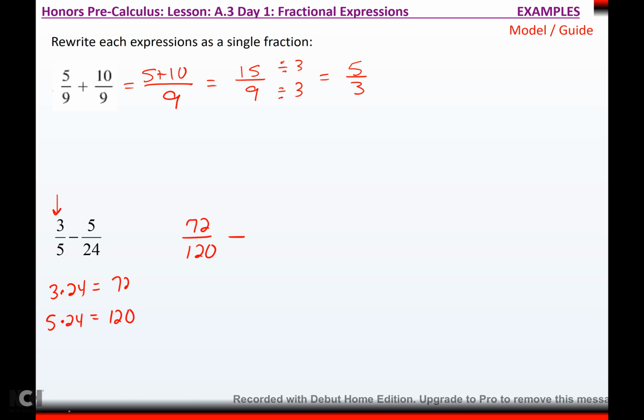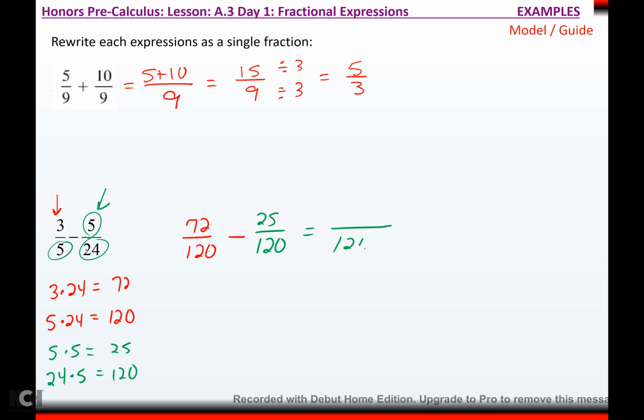If I take the 5 and the 24 and I multiply 5 times 5 and 24 times 5, you take each of these and multiply it by that one. 5 times 5 is 25, 24 times 5 is 120, so this new fraction becomes 25 over 120, and now my denominators match.